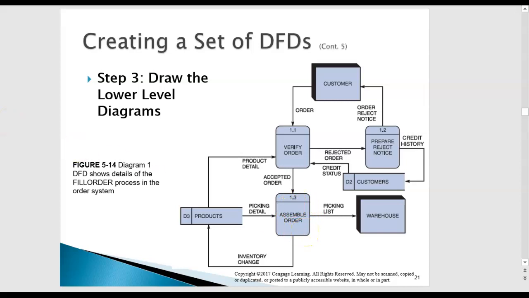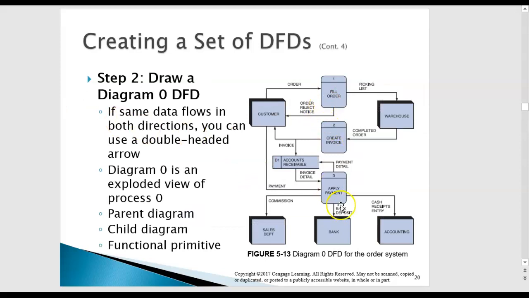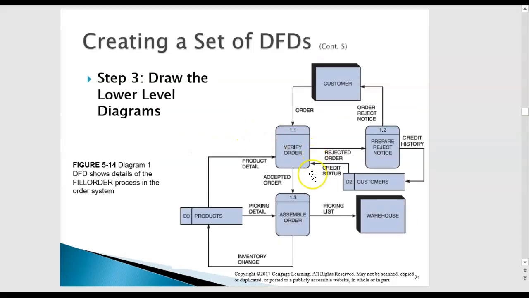So in the previous example, what you saw was that we had 3 processes listed down after we created the context diagram. In the next step, we're specifically taking this one process, level 1 process, fill order, and we're decomposing that into further sub-levels.